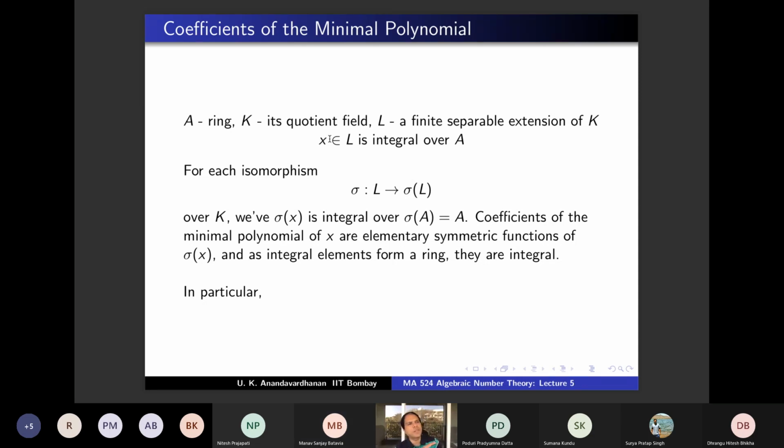If you have an extension L over K, then for any element x in L, you have its trace, which is an element of K. Sum of Galois conjugates is called trace. It is like the trace of a matrix. It's a parallel here. And now can you guess the parallel name for the determinant?